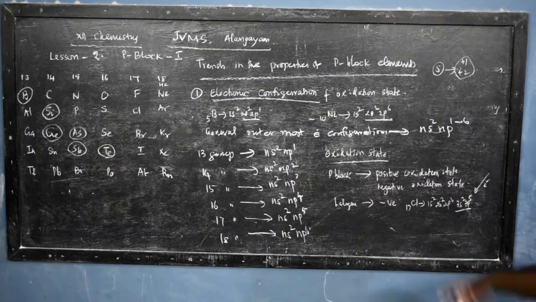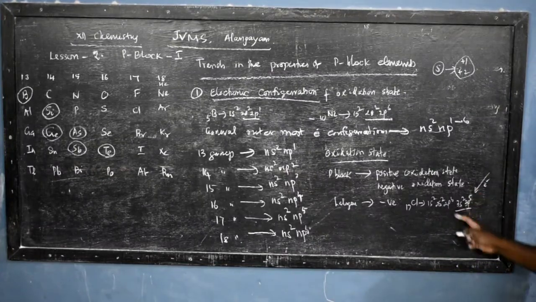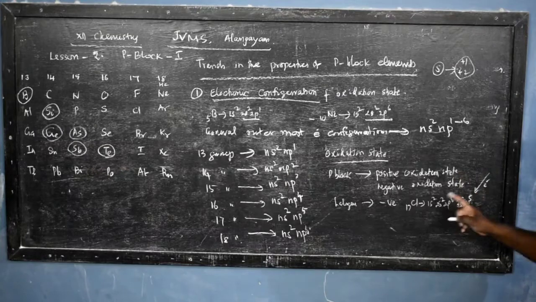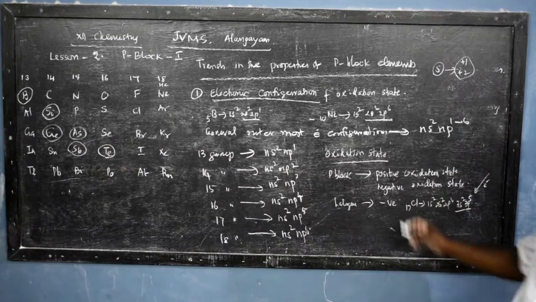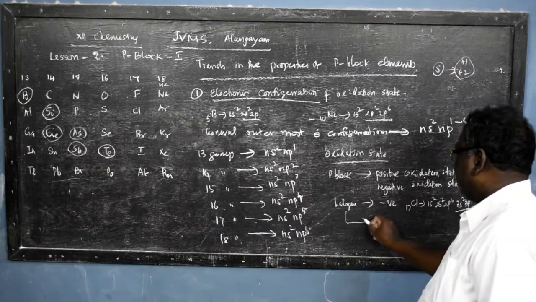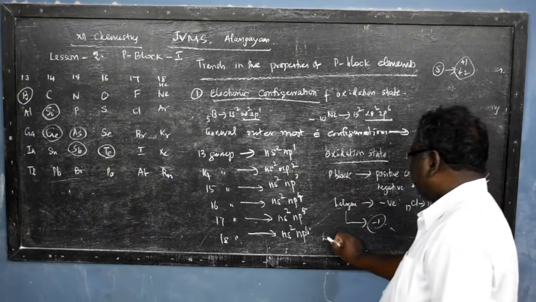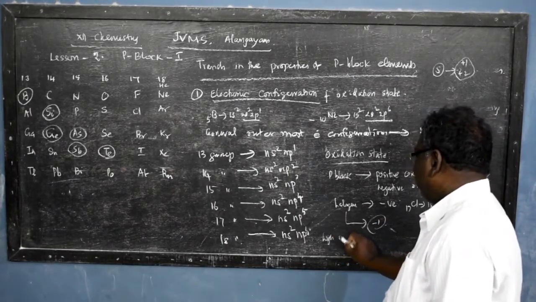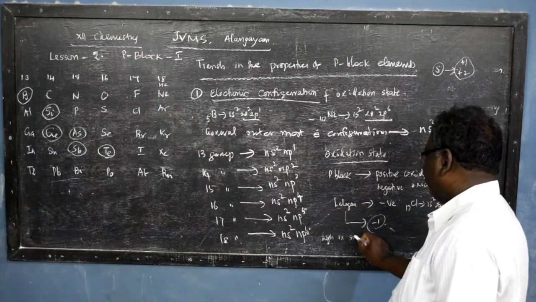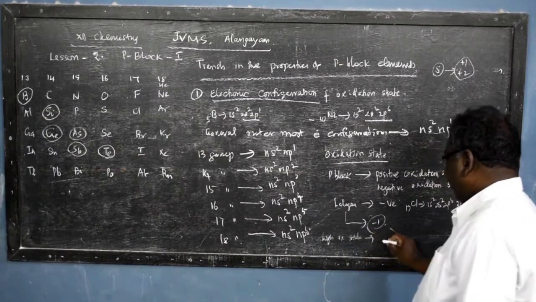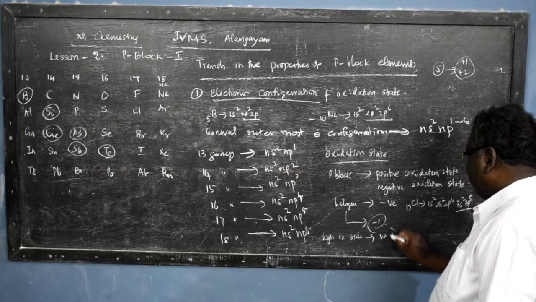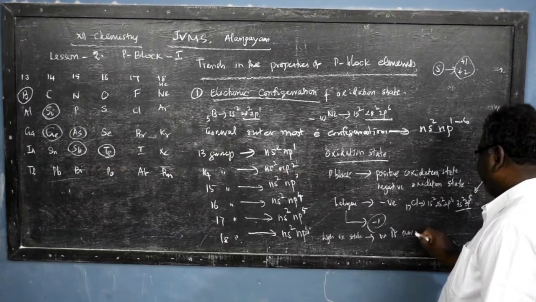Therefore, they will always get 1 electron to have the octet structure. Therefore, the oxidation state of halogen is -1. But the highest oxidation state for all the elements will be the number of outermost electrons.